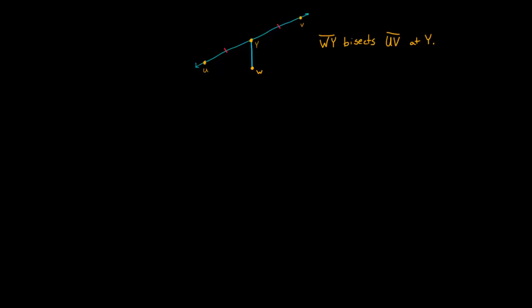It says on 7, it gives us that UY, I'm going to write that over here, UY equals 4x minus 3, and YV is equal to x.